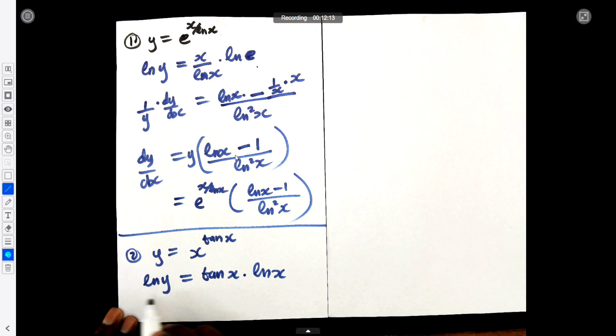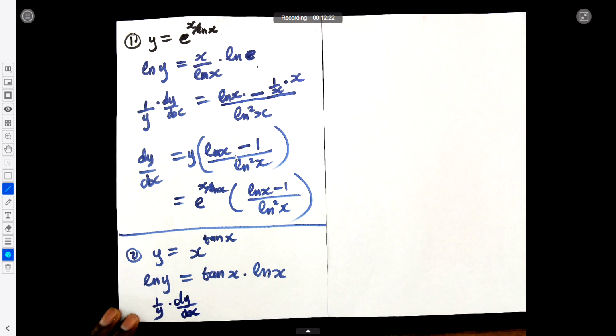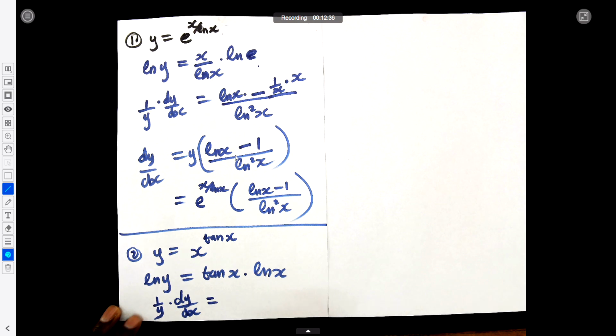So we know the derivative of ln y is 1 over y. Therefore, multiply by the derivative of y, which we're changing in terms of x, which is dy over dx. Then on the right-hand side, when we have to change the function, we have a product of two functions. So it's tan x multiplied by ln x. Product rule comes to play.